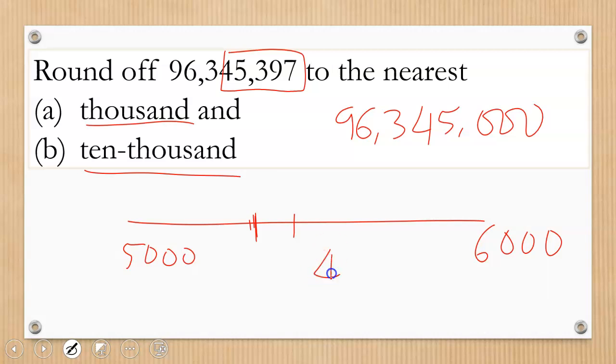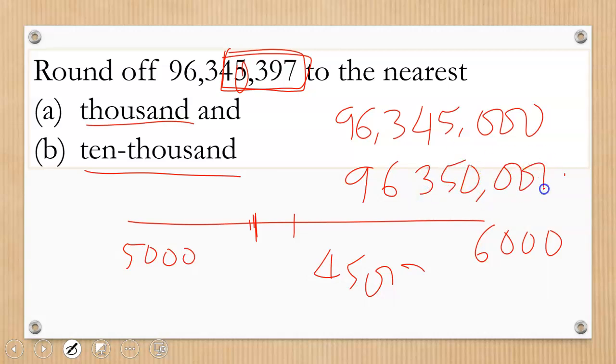So is this 45,000 and 397 closer to 40,000 or 50,000? That's the question. You can say that it is more of 50,000 than 40,000, because the 5,000 here is 5,000 and above. So this answer becomes 96,350,000. That becomes our answer.